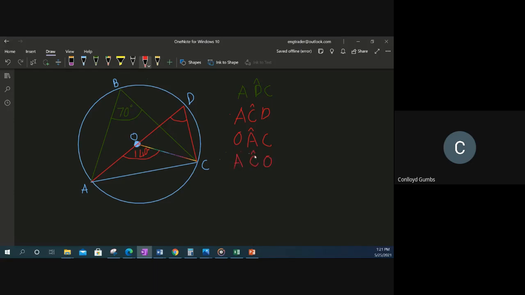I want you to figure that out as well. What else can we have? Yeah, let's look at those for now. See what you come up with. Also, let's try OCD as well. All right, so let's see what you guys come up with for this.